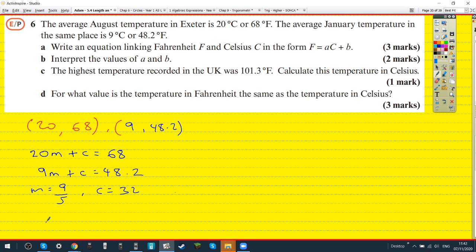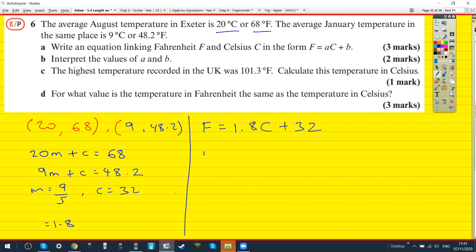Yeah, and 9 over 5, that is 1.8. Okay, so what is the answer for A? F equals 1.8 C plus 32. Would it be 1.8 C? I think it's C, yeah, because these are C and F.